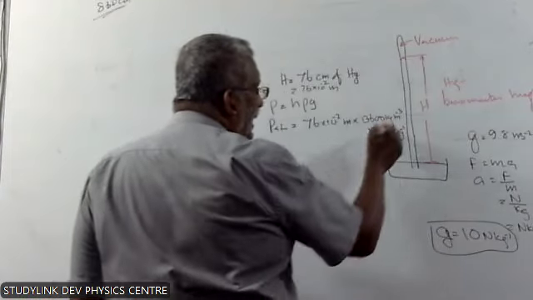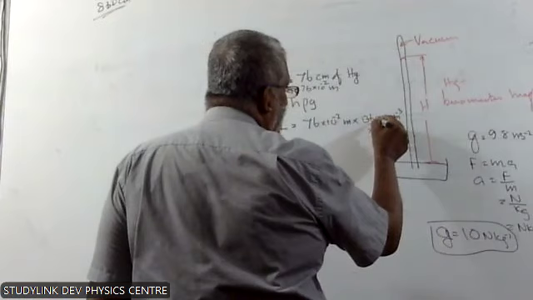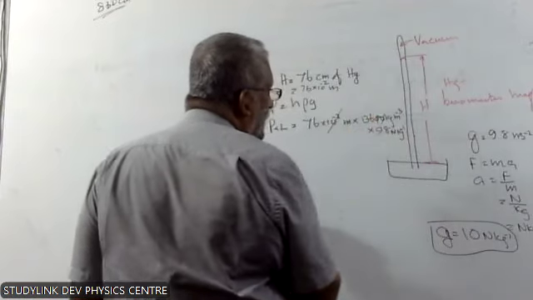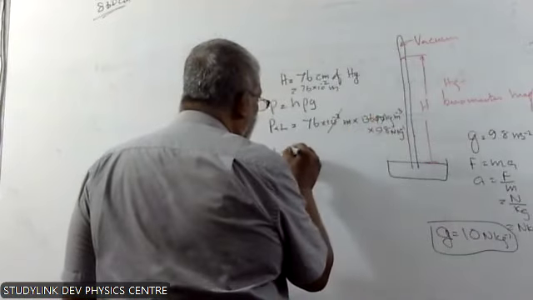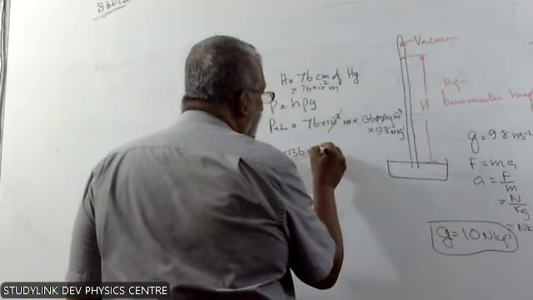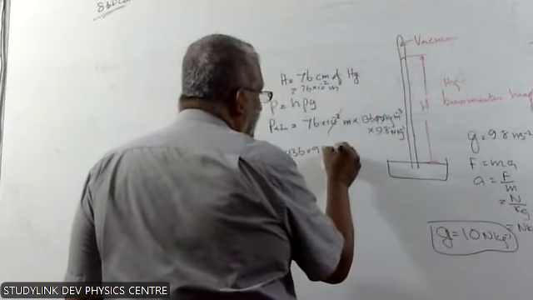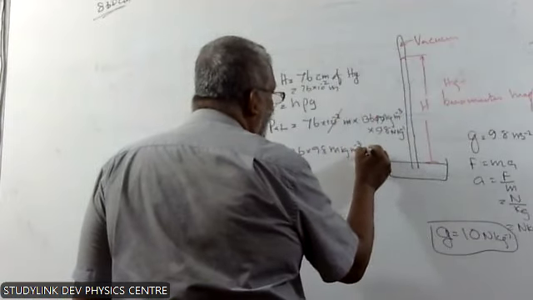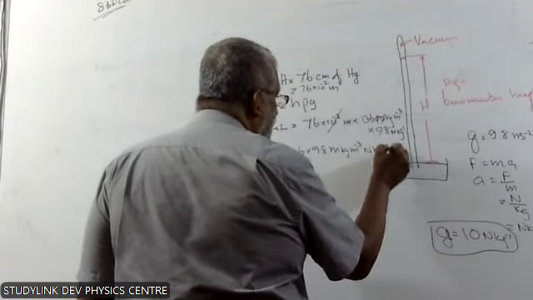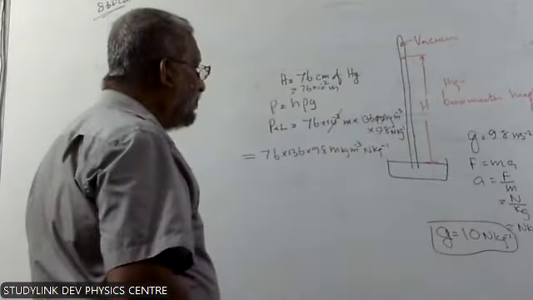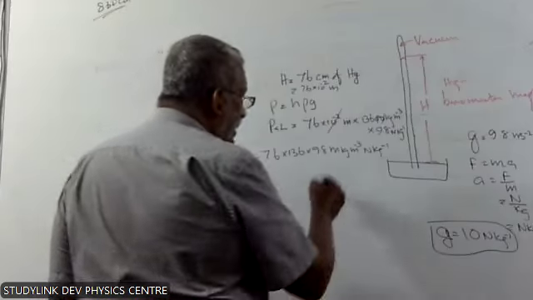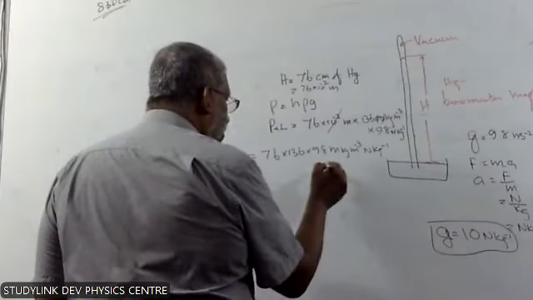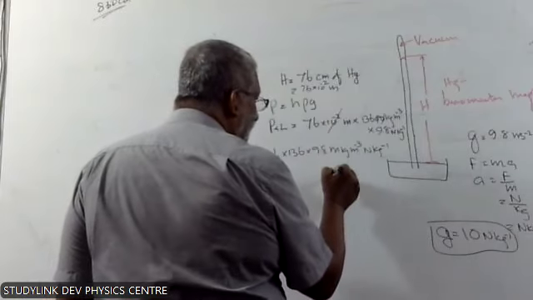So look at what's happening. 76 here, 13,600, the 10 to the power minus 2 cancels out with the hundreds, into 136 into 9.8, in units of m, kg m minus 3, N kg minus 1. Then you simplify and get the answer.